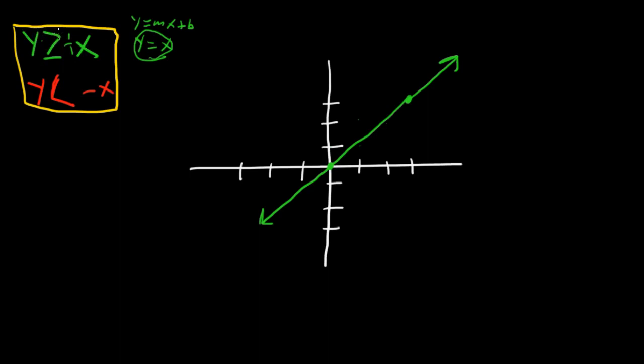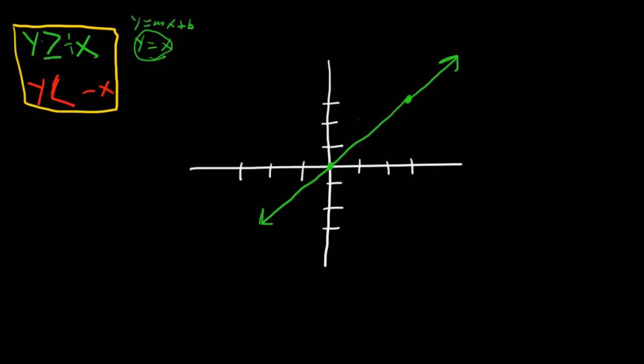When it's a greater than, when this alligator here is eating the y, then you shade above. When it's the other way, when it's less than, the y is less than, you shade below. So in this case, it's greater than, and you shade above the line.